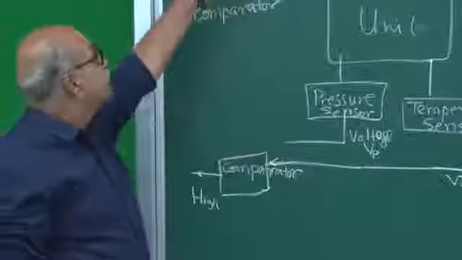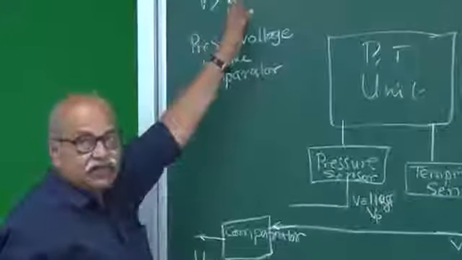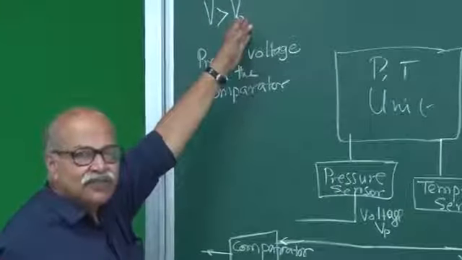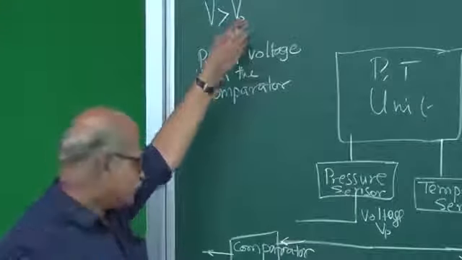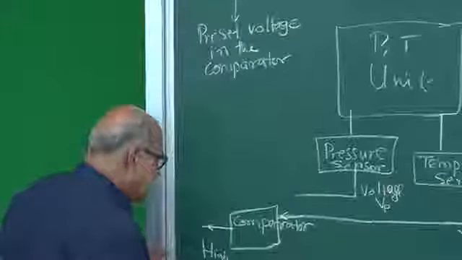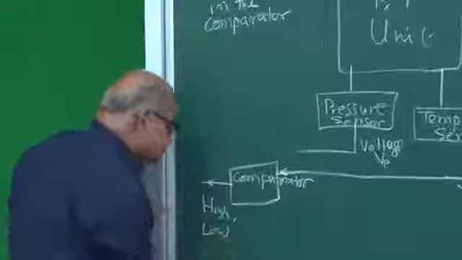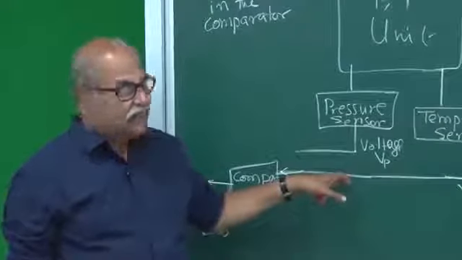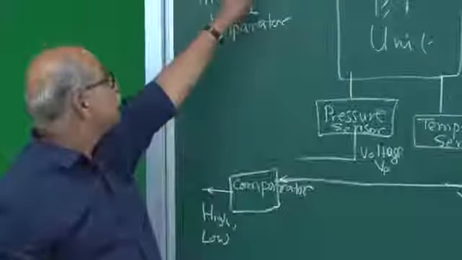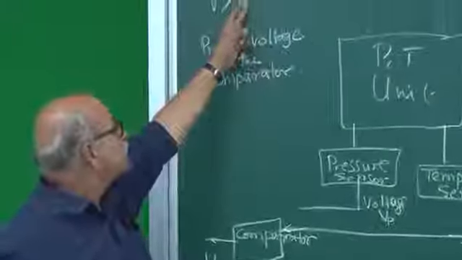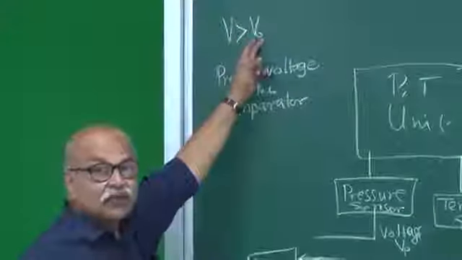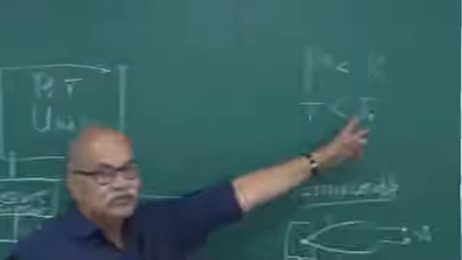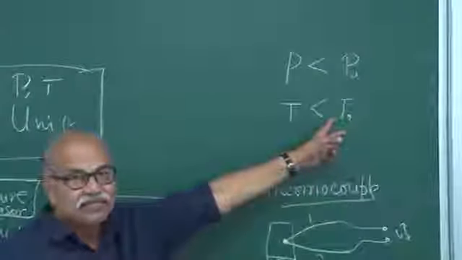And if this V is less than V naught, then it will give me a low voltage, a 0 voltage or some 0.1, 0.2 volts. So, that is low. So, it can give me high or low, depending on how much this voltage is. If it is more than this V naught, and this V naught I can set corresponding to that limit T naught. Suppose 370 degrees Celsius.